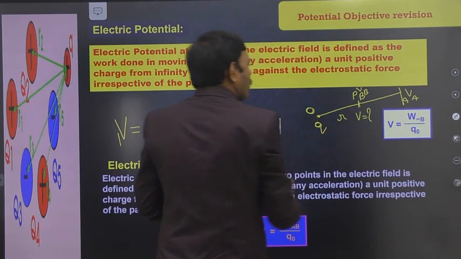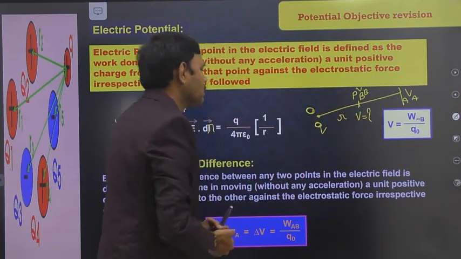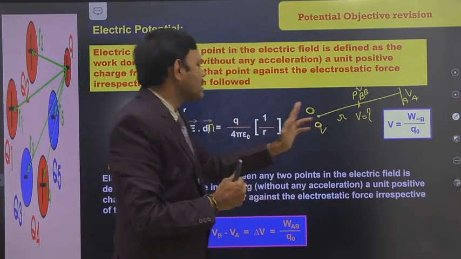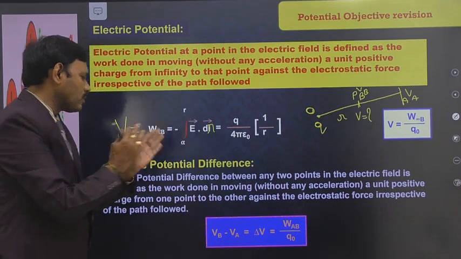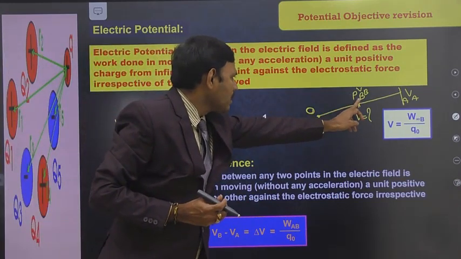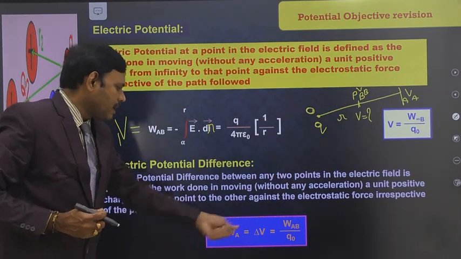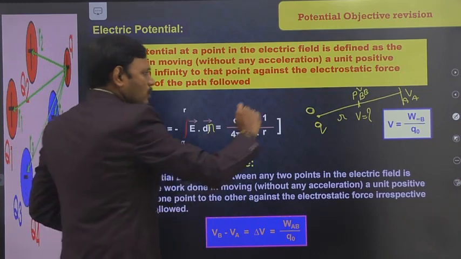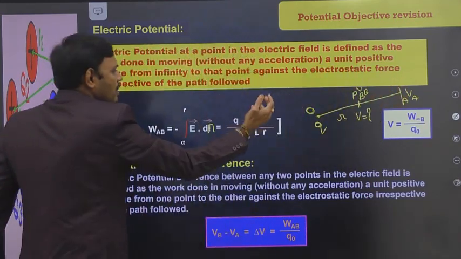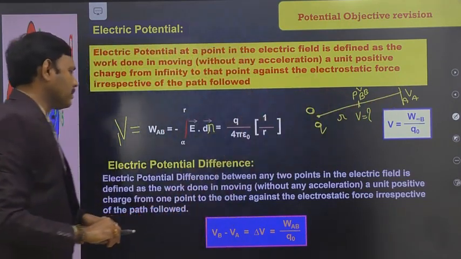Then the work required to bring a unit positive charge from A to B is equal to the potential difference between those two points. So final potential is VB, initial potential is VA, so potential difference is VB minus VA. That is equal to the potential difference between point B and point A. That is also equal to the work done in bringing a unit positive charge from A to B.